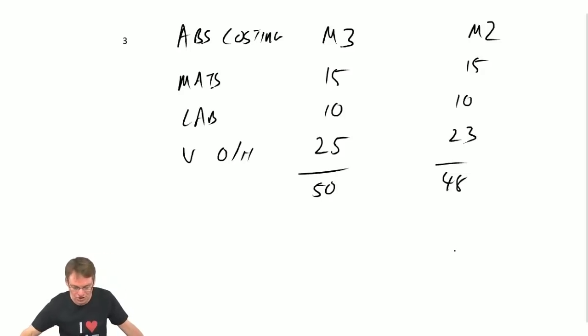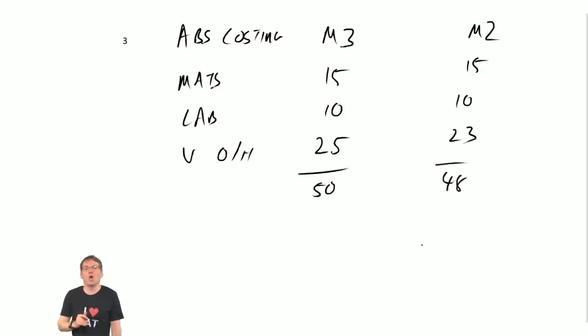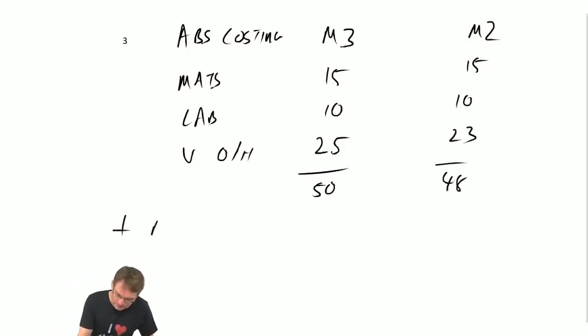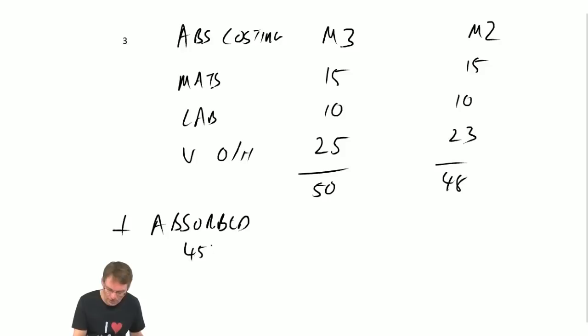So absorption costing, we say, right, in month 3 we've got £50 a unit. But what we're also going to do now is put aside some money to pay the rent bill. Well, how will we do that then? First of all, how much do we need to pay the rent bill? In month 3, it is £450,000.